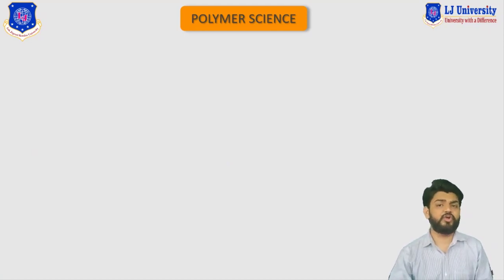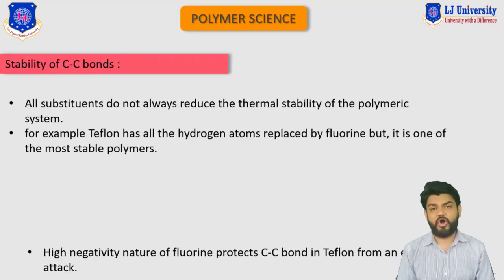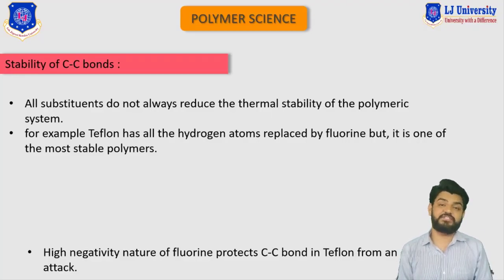But this is not always true, right? Substituents do not always reduce the thermal stability of the polymeric system. There are some examples which do not reduce the thermal stability of the polymer even if substituents are continuously added. Let me take one example of the most used polymer, Teflon.